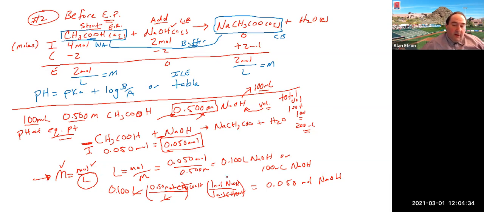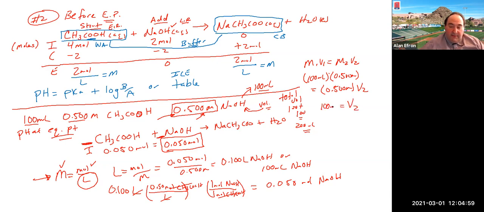And that's sort of the long version of it. You could also use M1V1 equals M2V2 to do that, where you just simply go 100 milliliters of my acid, 0.5 molar of my acid equals 0.5 molar of my base, and V2 would be the volume of base. And if you solve for V2, it gets you 100 milliliters.